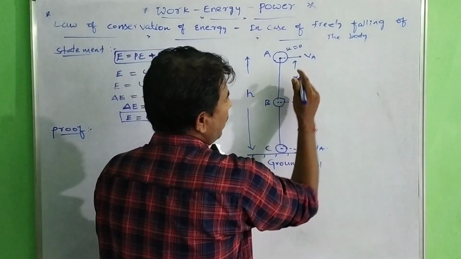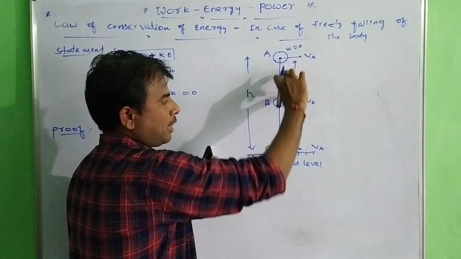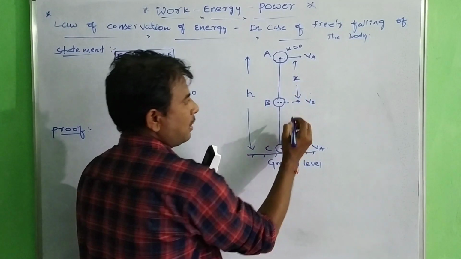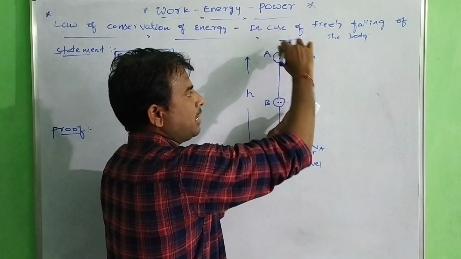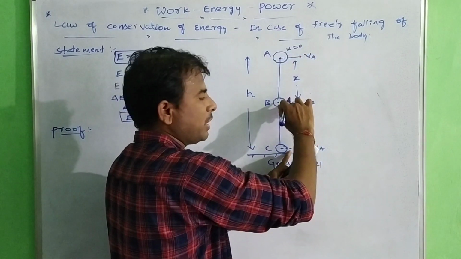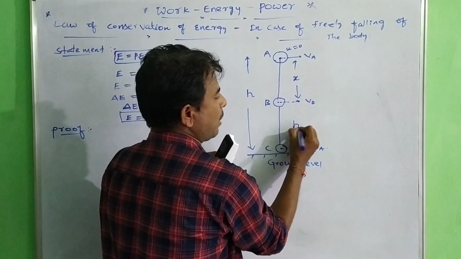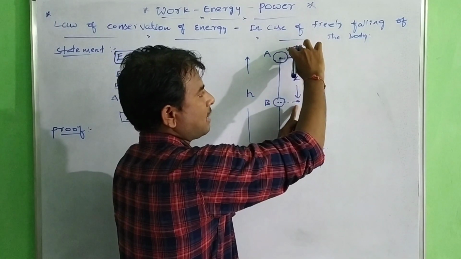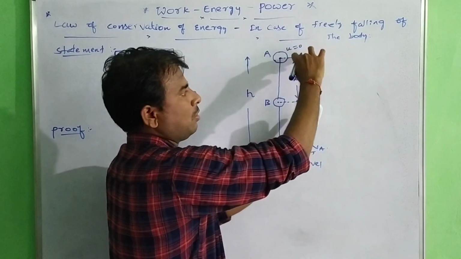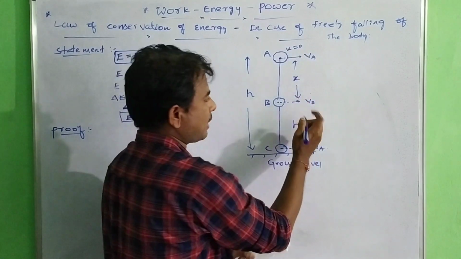The displacement from A to B is x. The total height is h. The body travels distance x from A to B, and the remaining distance BC is h minus x. Subtracting the displacement x from the total height h, the remaining displacement is h minus x.